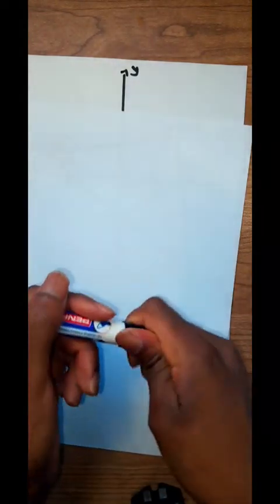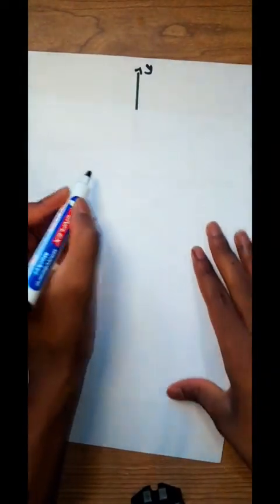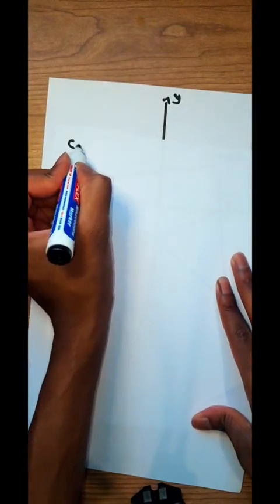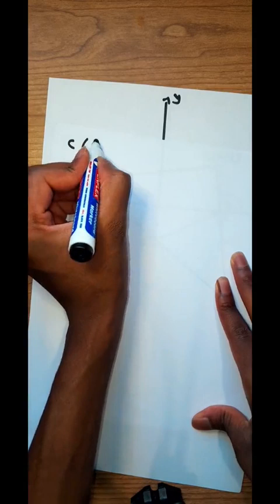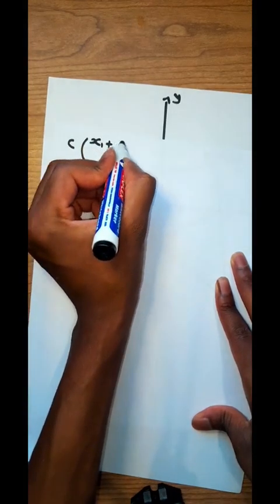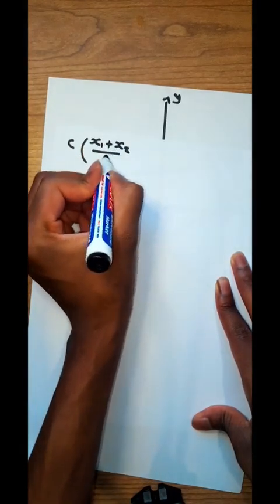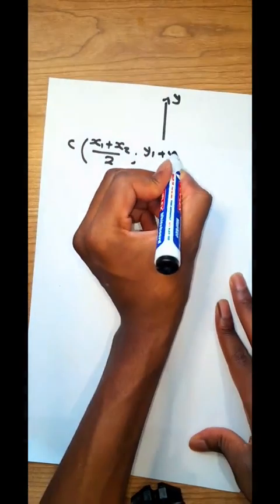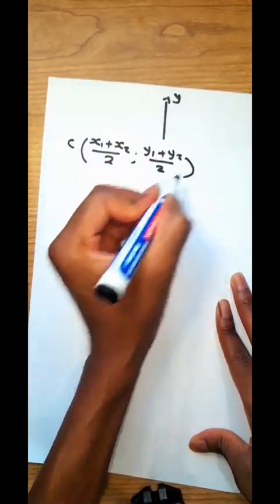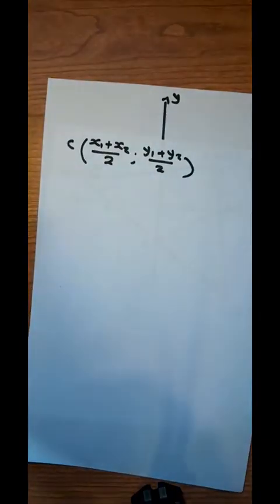Well, the midpoint of C is going to be (x1 plus x2) divided by 2, and then (y1 plus y2) all divided by 2, right?